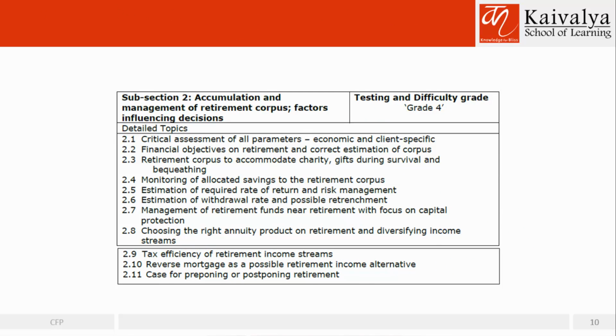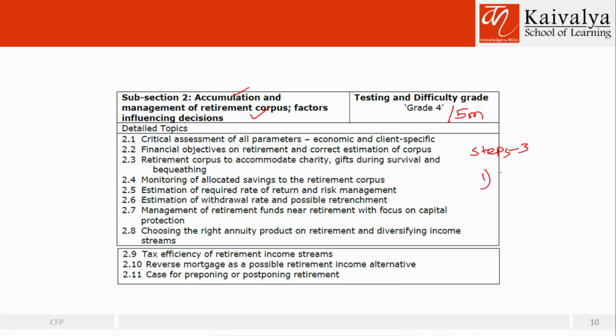Now this is grade 4, meaning a 5-marker question, which talks about accumulation and management of retirement corpus and factors influencing the decision. See, nothing much here, but yes, you require a lot of time value of money. We know that the retirement planning process has 3 steps.